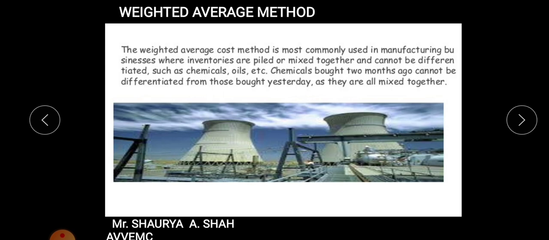They keep it mixed up along with all the chemicals, and then they start using it, fine? So in such industry where individual chemicals cannot be put aside, the weighted average method is used. Chemicals bought 2 months ago cannot be differentiated from those bought yesterday, as they all are mixed up. I hope it is clear to each and every student.